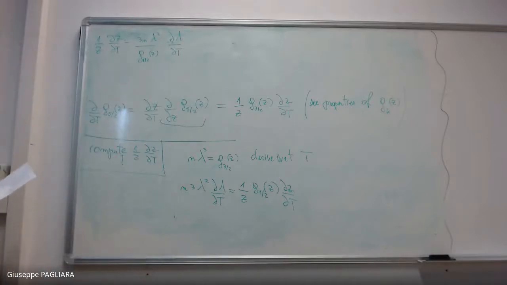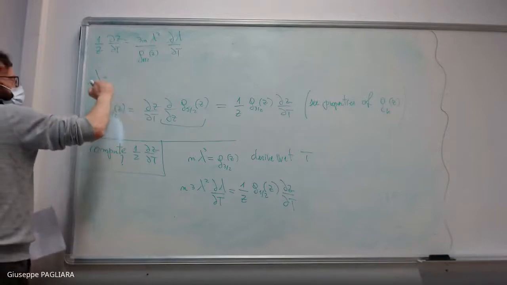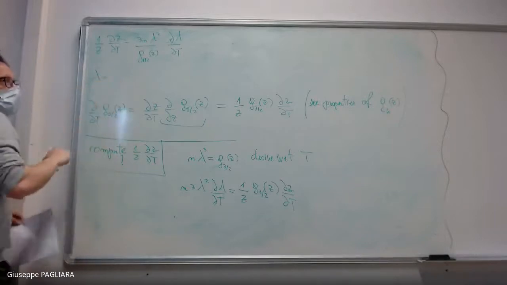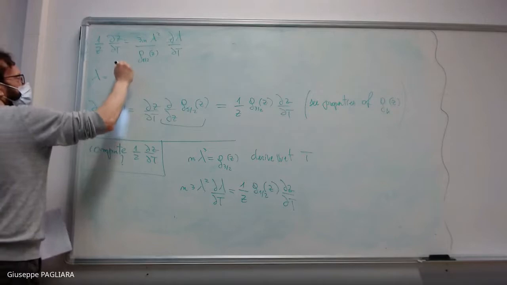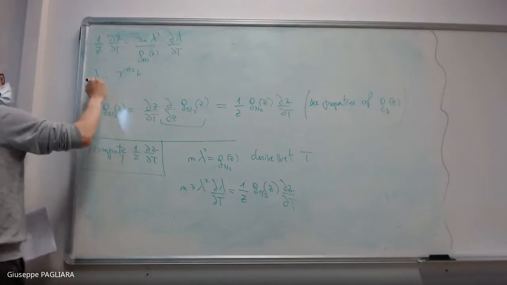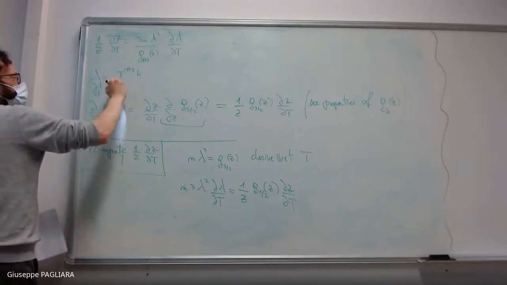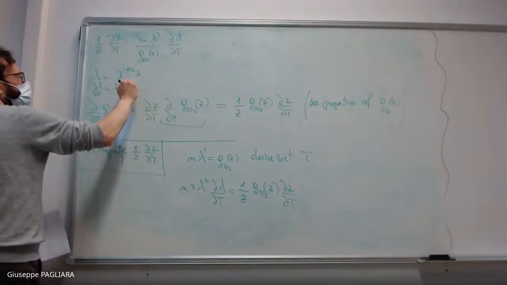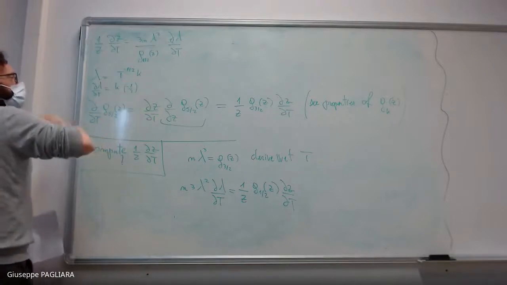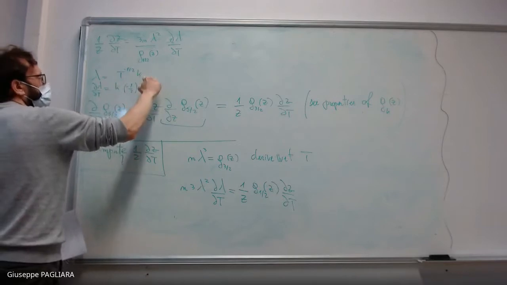Now, by considering the definition of lambda, which is T to the minus 1/2 times a constant, the derivative of lambda with respect to temperature will be this constant, then I have a minus 1/2, and then I have the temperature to the minus 3/2.